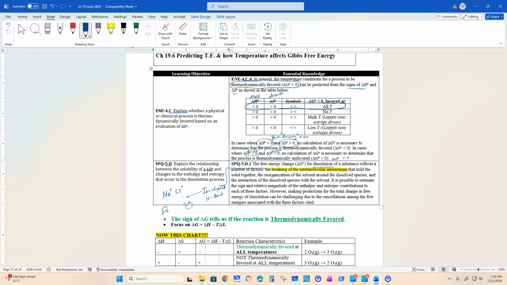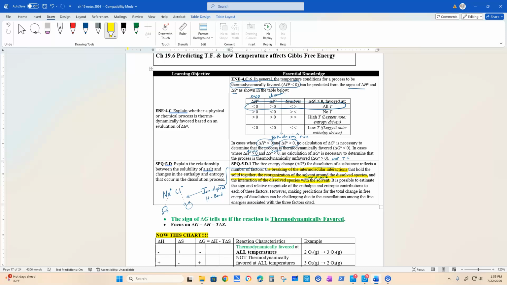So the breaking of intermolecular forces that hold the solid together, the reorganization of the solvent around the dissolved substance, so this is the ion dipole part, and the interaction of the dissolved species with the solvent. Okay, so this is all intermolecular forces, and it's all about ion dipole.